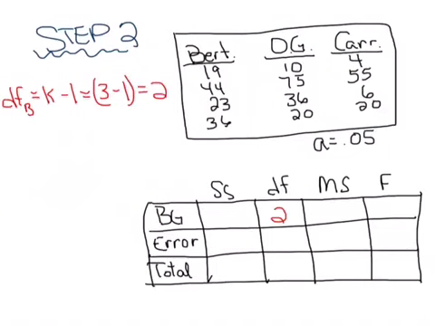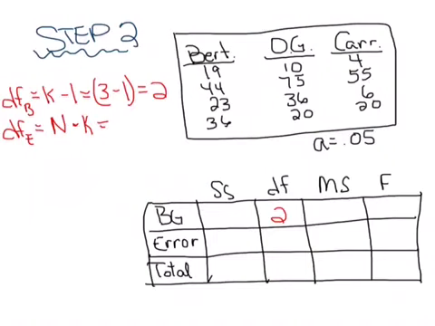Then we're going to do the degrees of freedom error, so I just put DFE. This is capital N minus K. Capital N is the number of observations in the entire study.